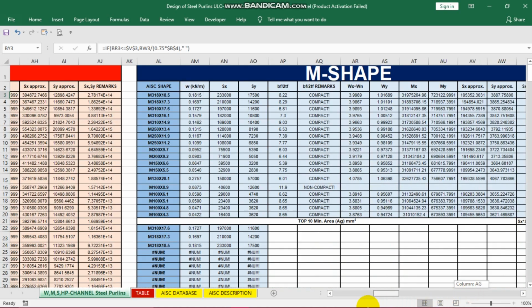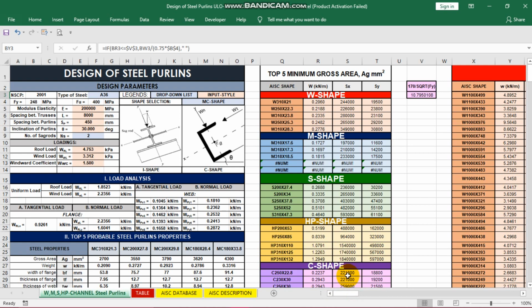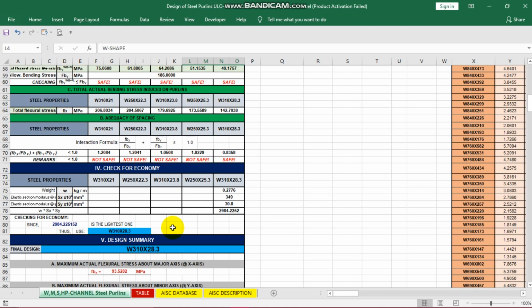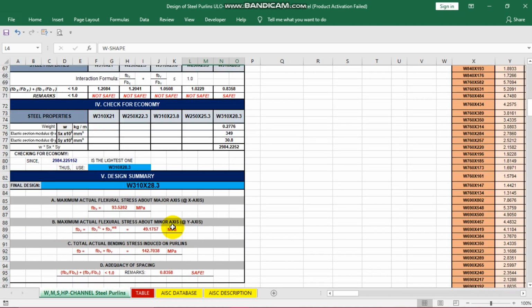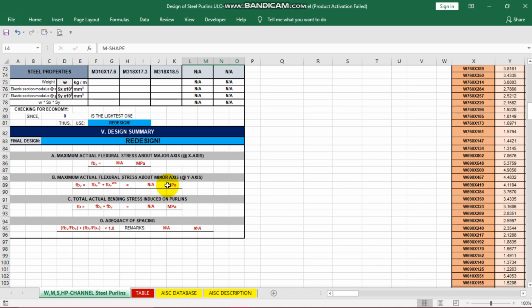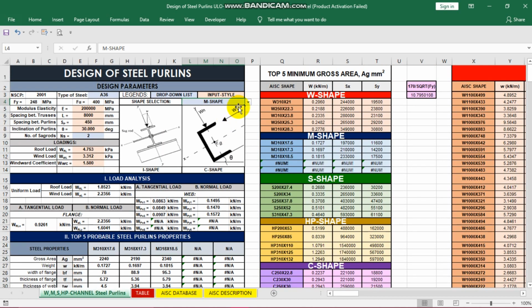Then, after that, sir, with that, I have values for my top 5 minimum gross area for the W shape, M shape, S shape, HP shape, and C shape. So, with this, if I choose the W shape, I already know which ones will fail and which will not fail, the very economical ones that can resist the given loads. For the W shape and M shape, all of them failed because they did not pass.